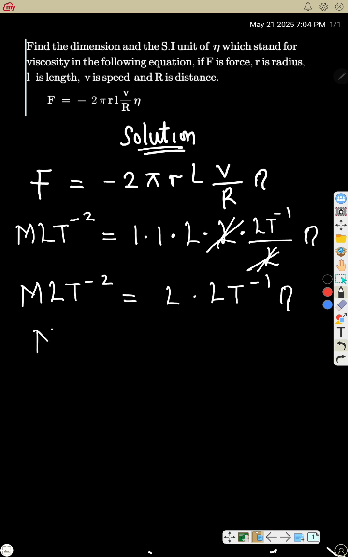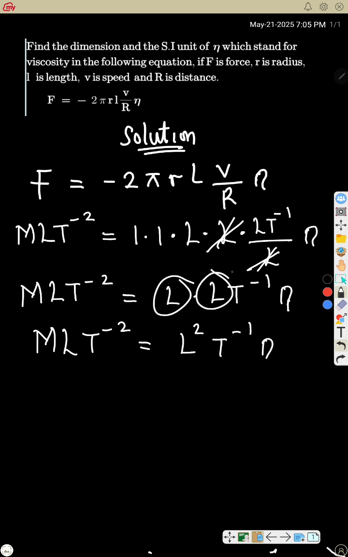So now this will be M L T raised to power minus 2 equals L squared T raised to power minus 1 viscosity, because this is L times L.